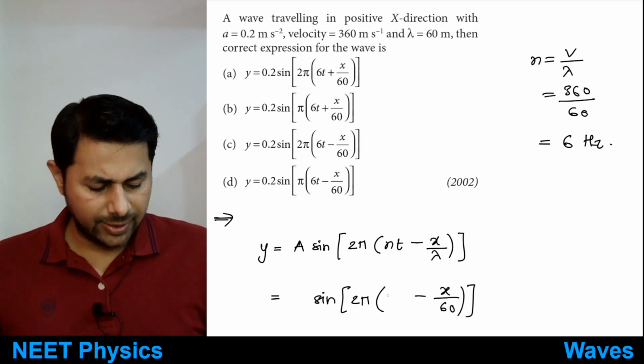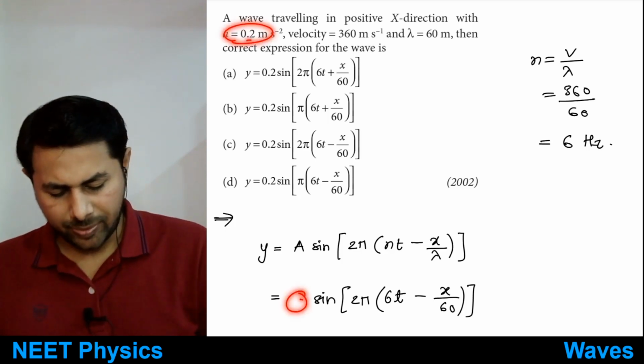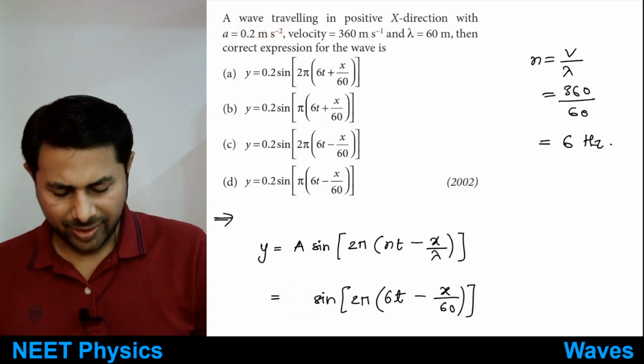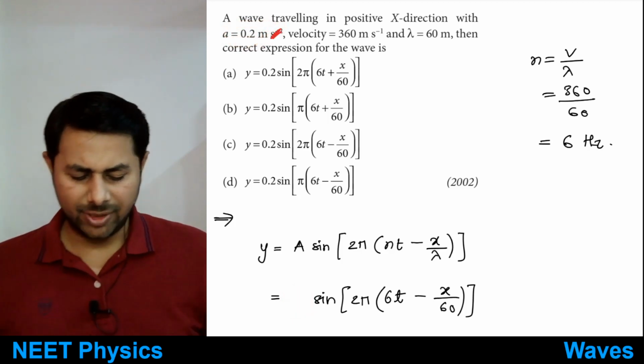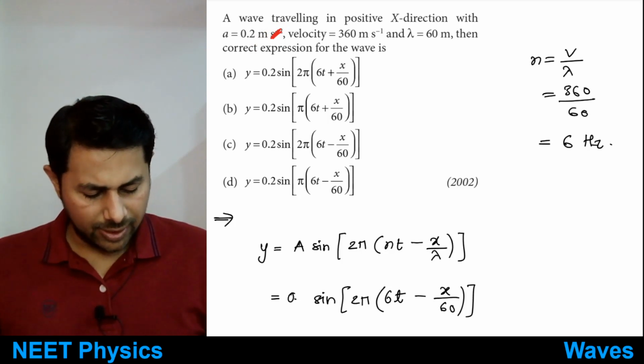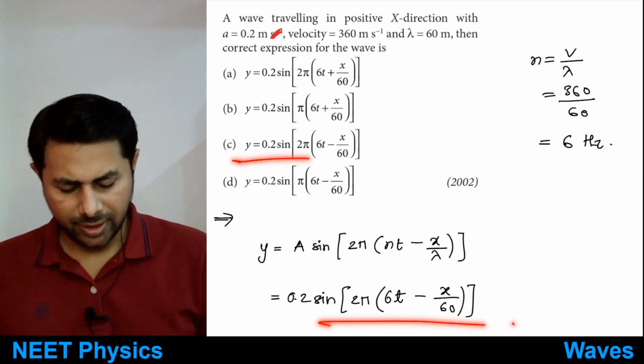So n is 6, this is 60, and what is amplitude? Amplitude is 0.2. They have made a print mistake here. Amplitude is 0.2 meters. Yeah, so it is option C.